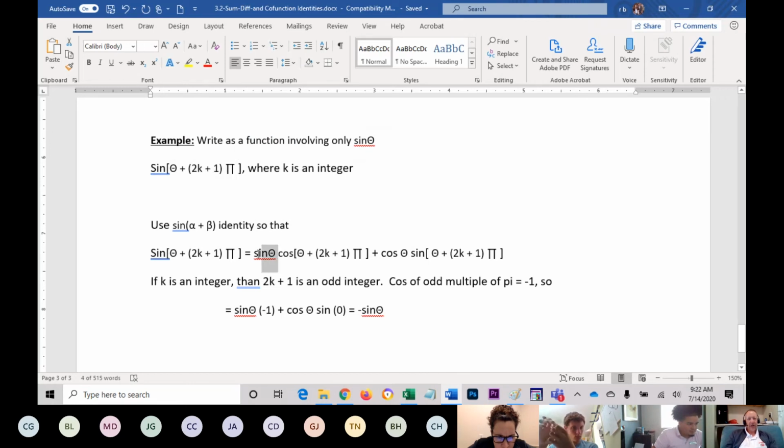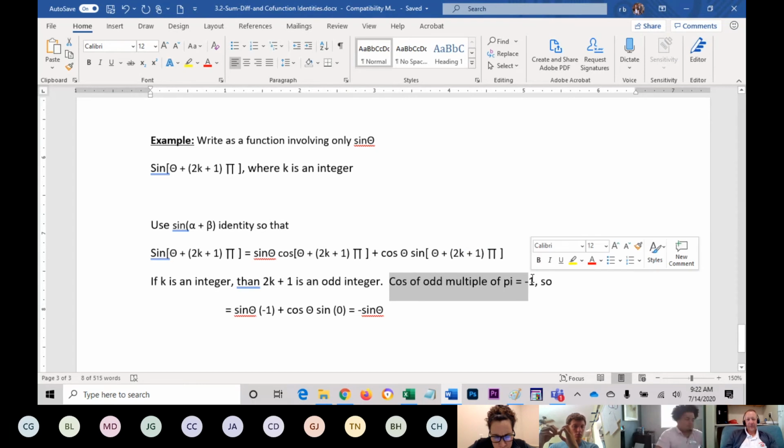So that gives us the sine of theta times the cosine of the whole big chunk, plus the cosine of theta times the sine. If k is an integer, then 2k plus 1 is an odd integer, and the cosine of odd multiples of pi is -1.